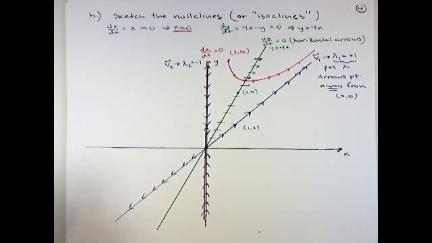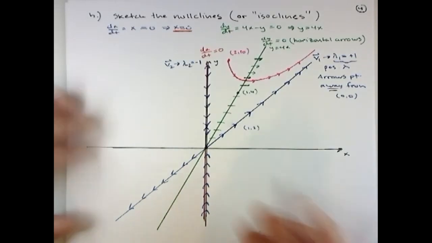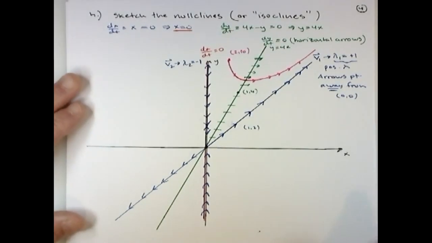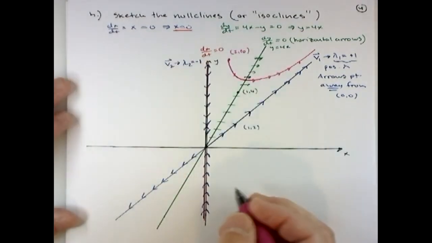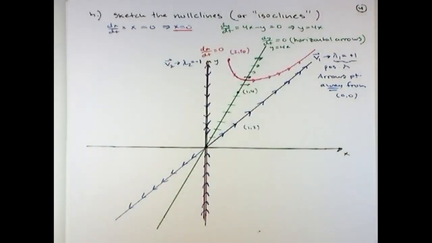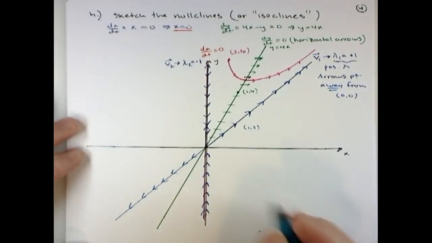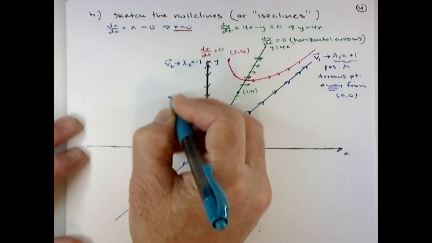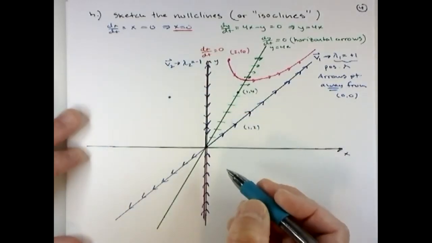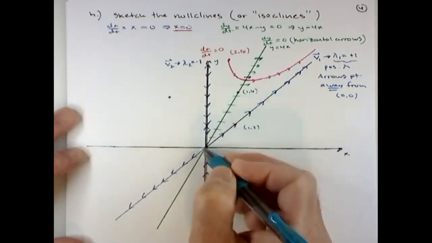What you can generally do with these, and I think some professors will want you to do this, is analyze a different scenario. Suppose my initial condition was here. I've got all this space here. Let's say my initial condition was here and I had a point there. What would the solution look like? Well, it's kind of the same deal.